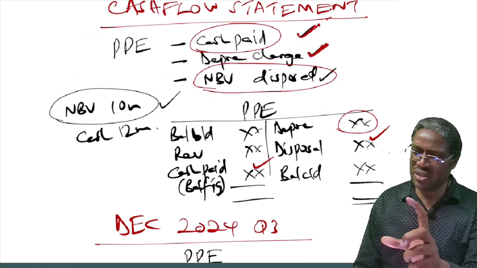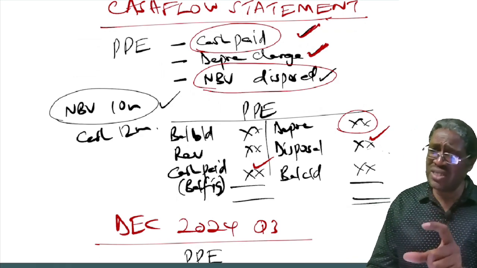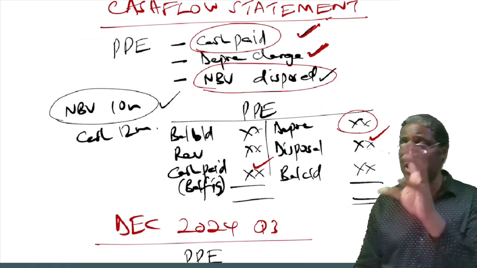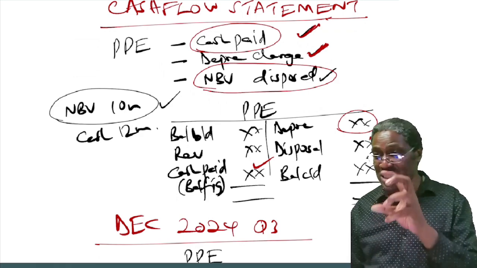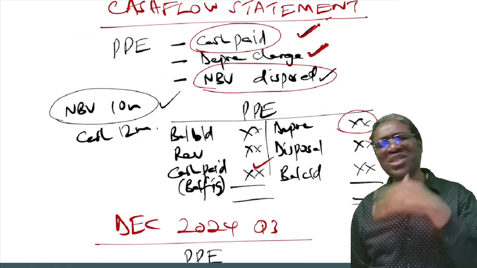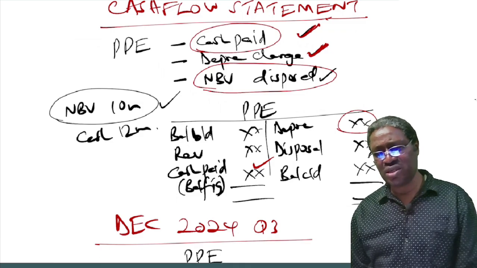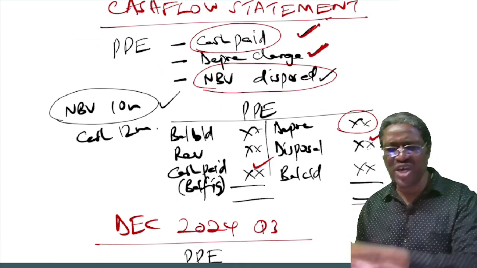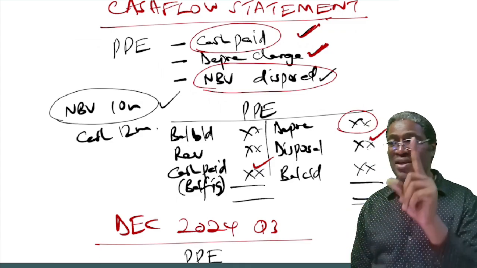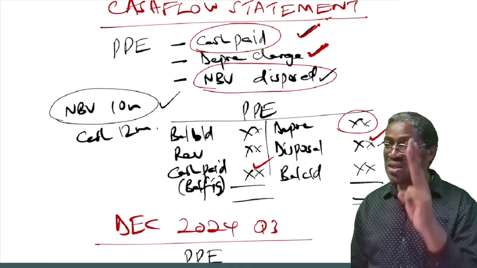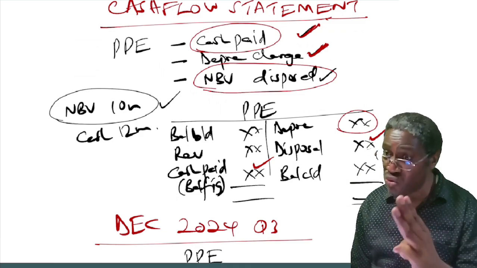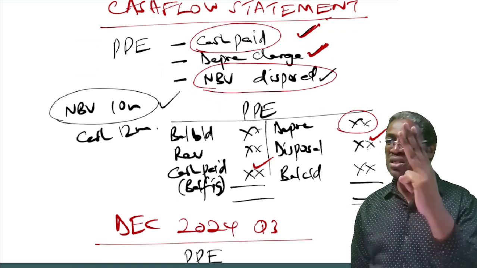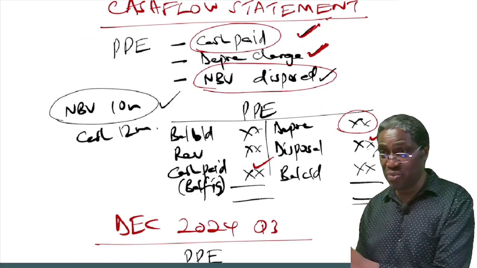In the sense that when it comes to analyzing the account of property, plant, and equipment, or in other words, a fixed asset, by whatever name the examiner is calling it, whether it's machinery, motor vehicle, furniture, building, and so on, there are three things that the examiner may not give you concerning property, plant, and equipment.